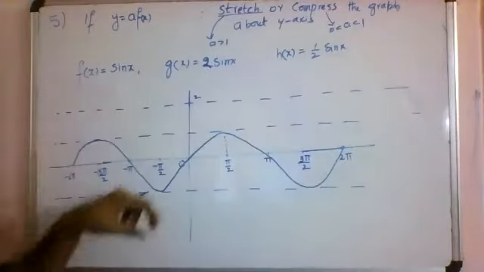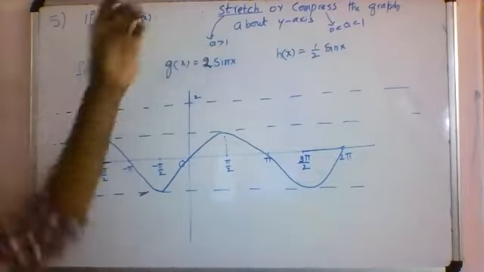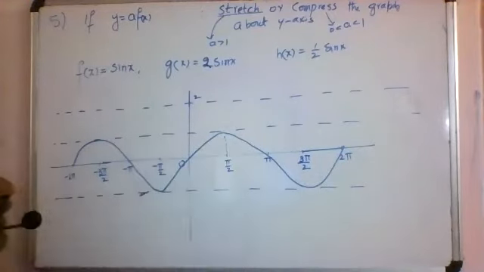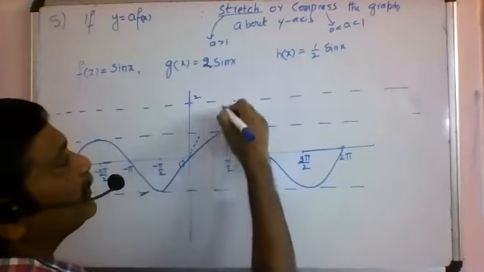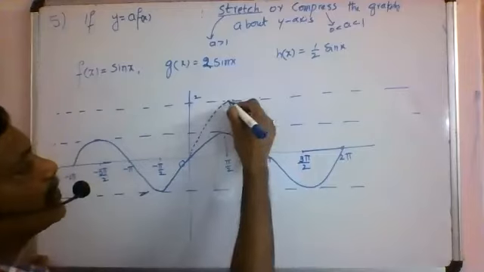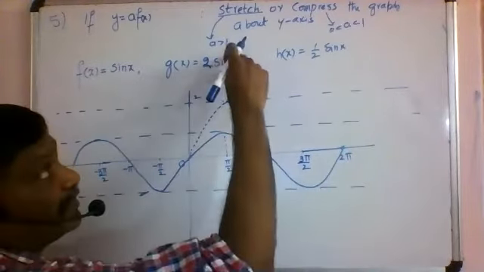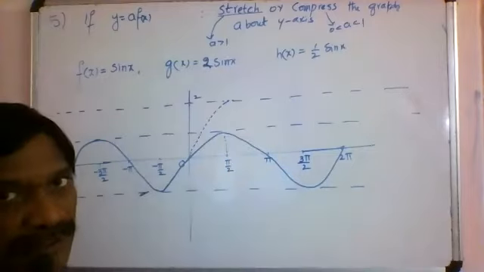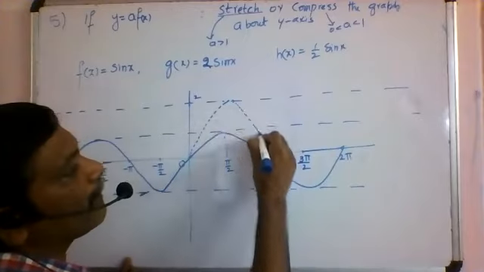So you have to stretch the maximum. It will look like this now. At pi by 2, it is touching the horizontal line y equal to 2. Again, if I keep pi, sin pi is 0, and 2 into 0 is 0 only. So when it comes to pi, it again reaches the same point.